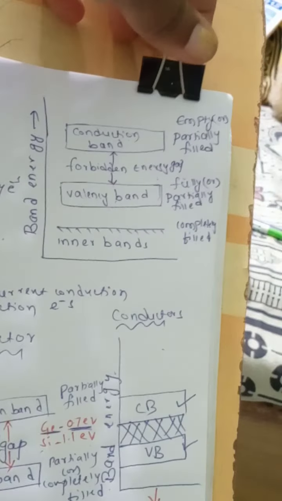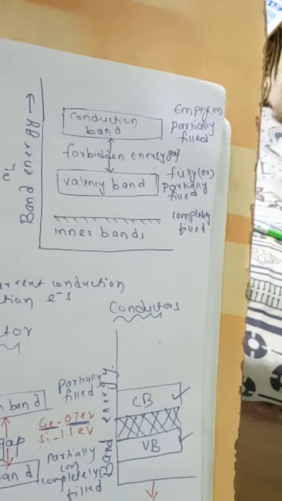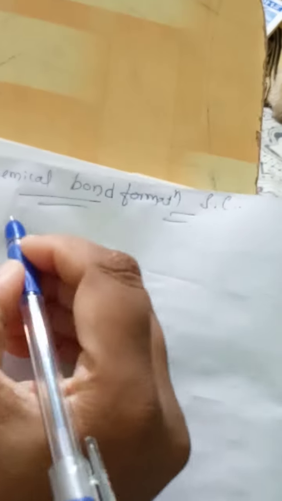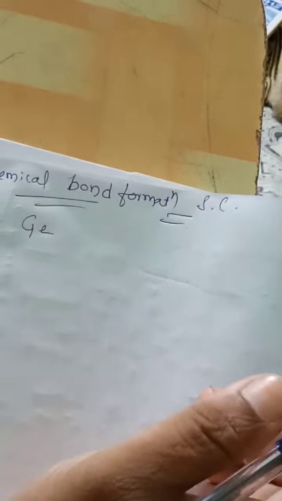Before moving to intrinsic semiconductor, let us discuss the chemical bond formation in semiconductors. For this I am taking the example of germanium.